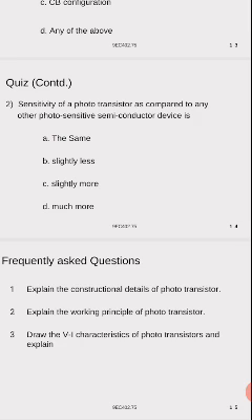Draw the VI characteristics of phototransistor and explain. So these are the frequently asked questions.